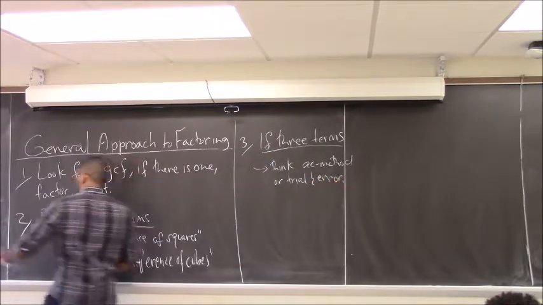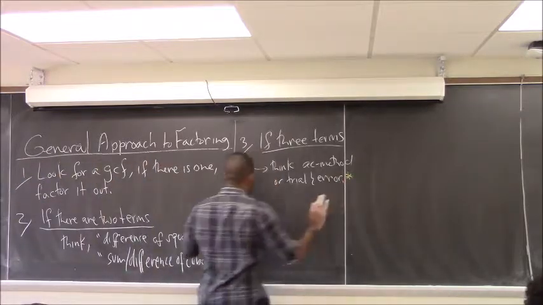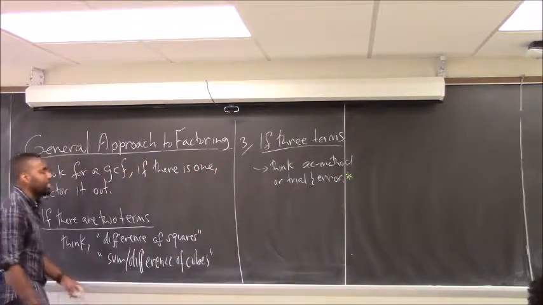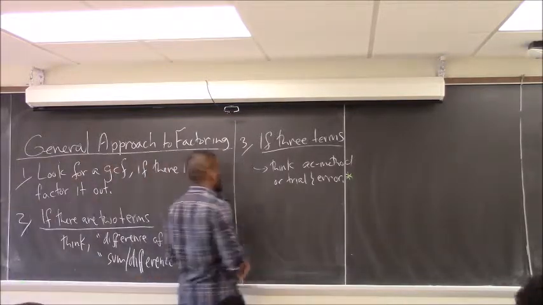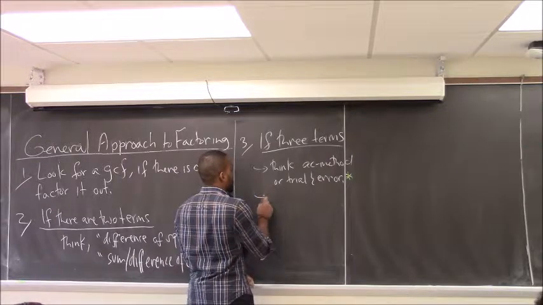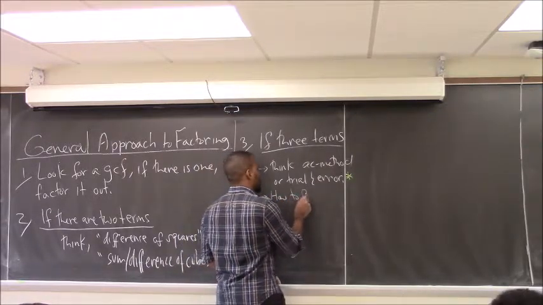And trial and error is recommended. I'm not going to force you to do something you're not comfortable with, but if you can get comfortable with trial and error, I would recommend going that route. Or just how to factor trinomials, which we started last class.